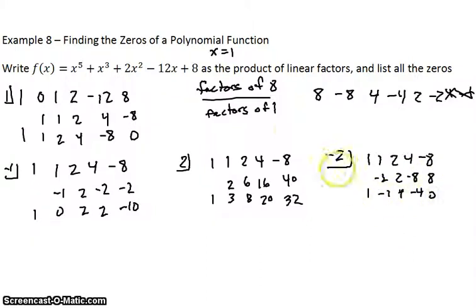Oh, I found another 0. I found 2 of the zeros already, of the 5. Okay? So, since I found 2 of the zeros, I only have 4 more to test, but in the next video I'm going to show you where to go from this.